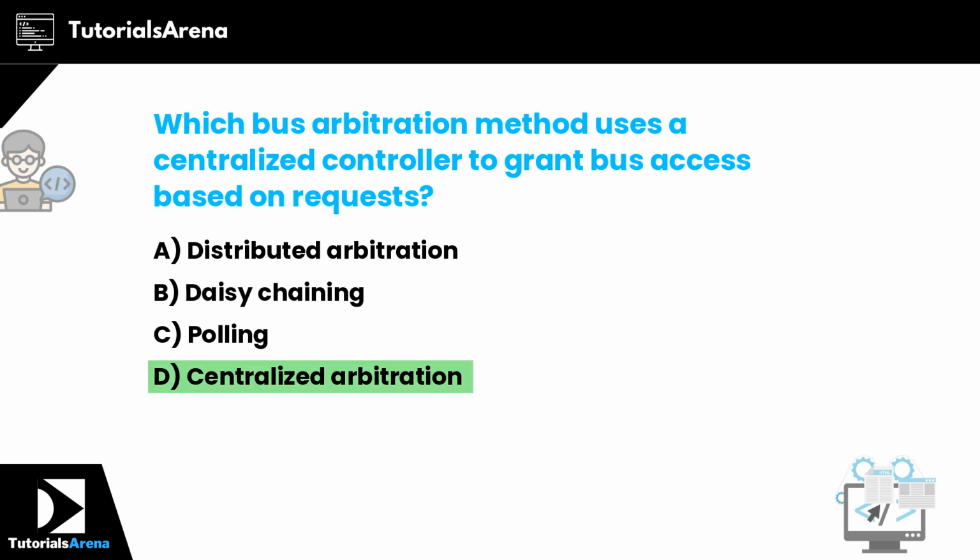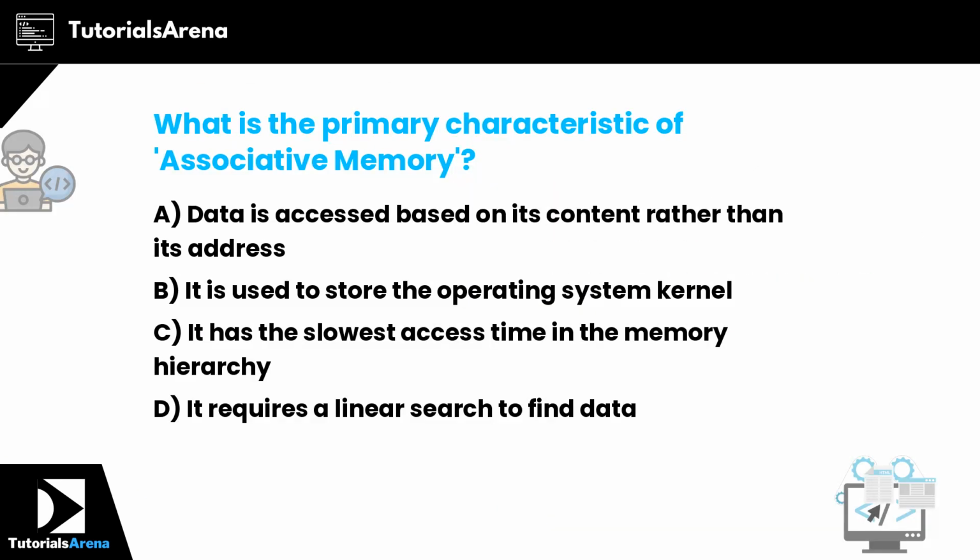The correct answer is option D, centralized arbitration. What is the primary characteristic of associative memory? The correct answer is option A, data is accessed based on its content rather than its address.